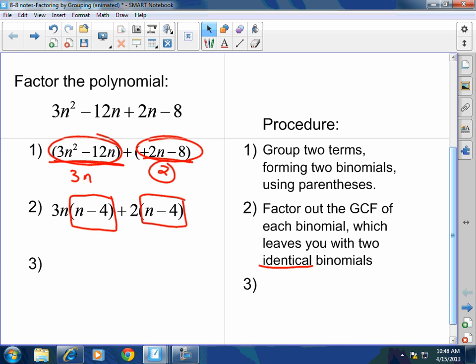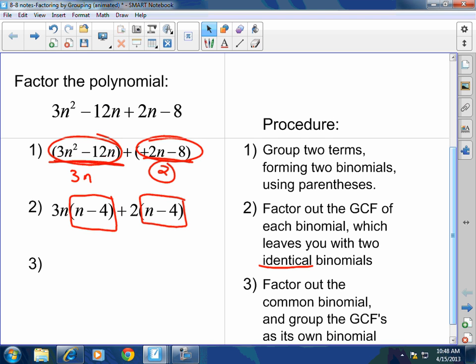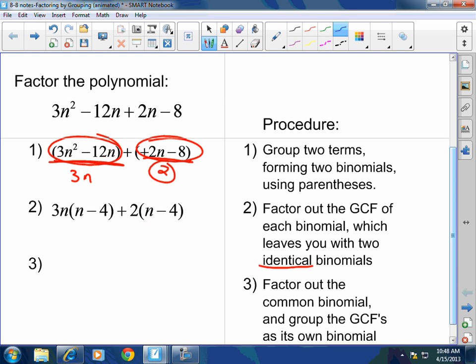Step 3. Factor out the common binomial and group the GCFs as its own binomial. Now that I'm at this stage, what can I factor out of this whole term and this whole term? Remember, a term is just a bunch of combinations of multiplications.